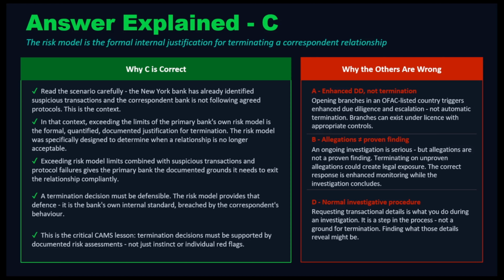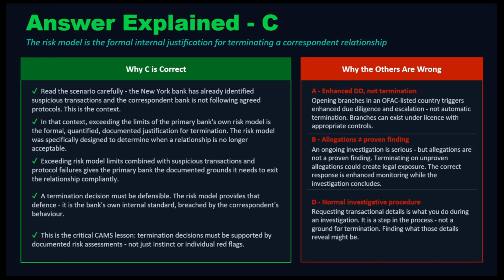Option B is one that catches most candidates. A bribery investigation against a compliance officer sounds like the most alarming option, and in practice it is genuinely concerning. But allegations are not a proven finding. The investigation is ongoing.